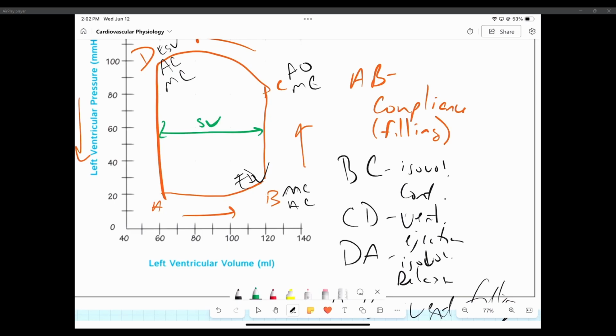As we go through different examples dealing with this graph, the purpose of that line for stroke volume is just to look at the width. If the width of that stroke volume line is getting smaller or narrower, that box is getting narrow, we know our stroke volume went down. If this box is getting wider, stroke volume is going up. We're going to be altering these things and defining them in a different way very soon. Everyone good on this pressure volume loop?